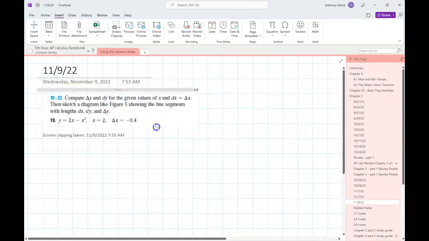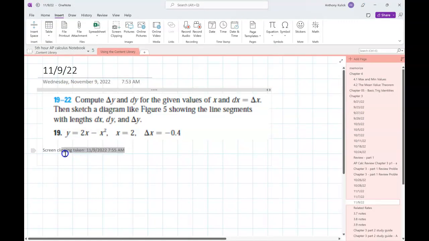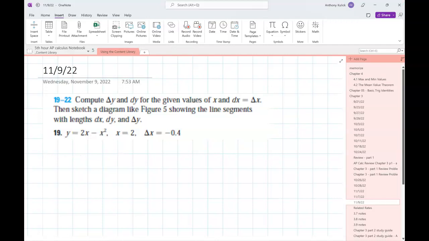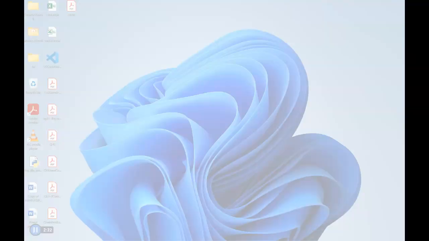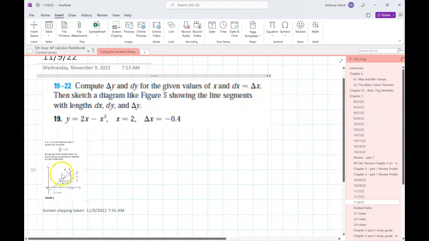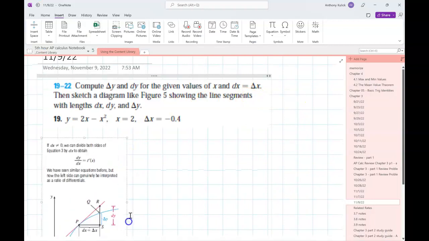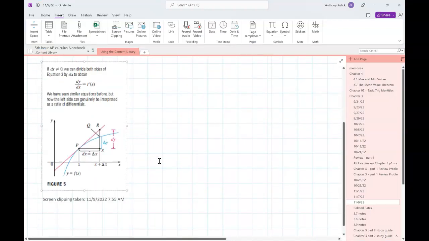So this is the question that Victoria's asking about. It says sketch a diagram like figure 5. Let's grab figure 5 real quick so we can see what that looks like also. So this is figure 5.